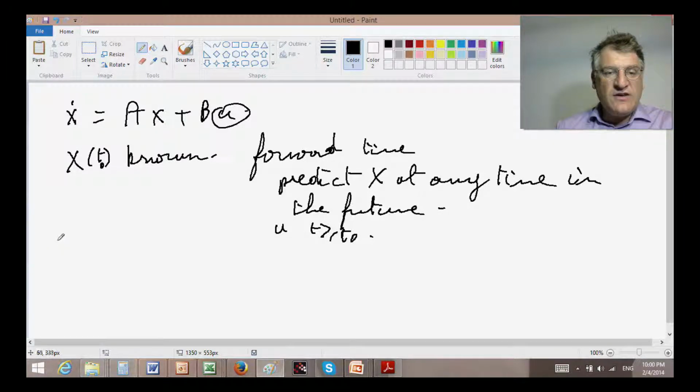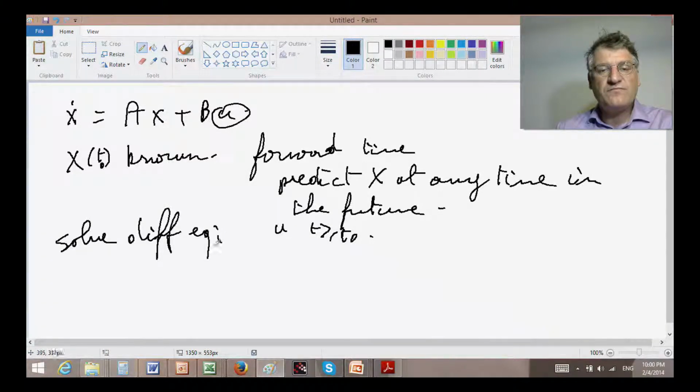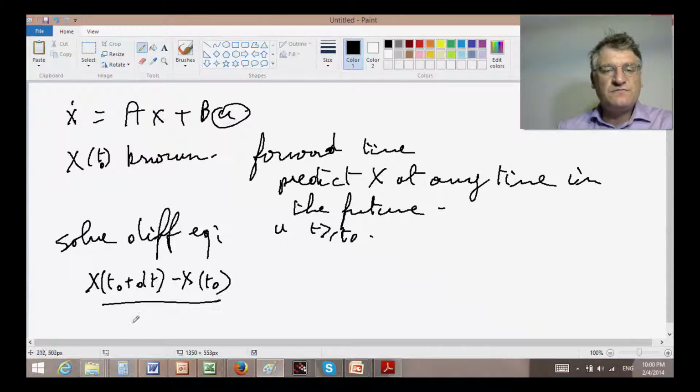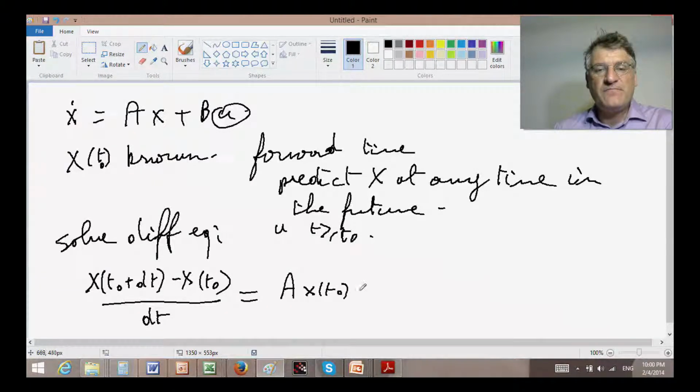Why? Intuitively, to solve the ODE, you can write that if x dot equals Ax plus Bu, another way of writing it is that x of t0 plus dt minus x of t0, divided by dt, is equal to A x of t0 plus B u of t0.